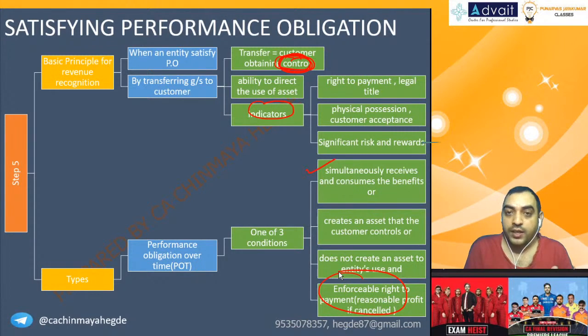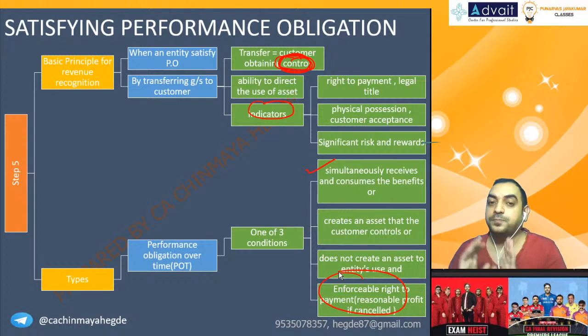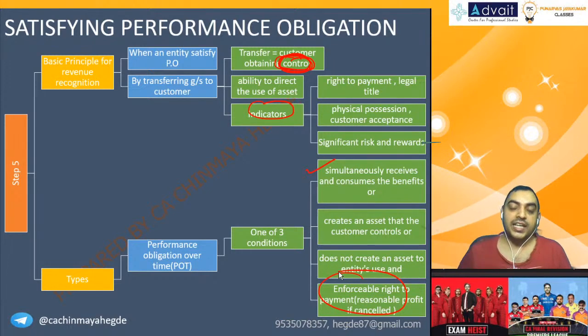If the terms of the contract say that in the event of early closure you are entitled to receive money for the work done till date, then this third point is satisfied. If that term is not there, and things get closed in between, you have not transferred any benefit, you don't have any right to receive the money, revenue cannot be recognized.